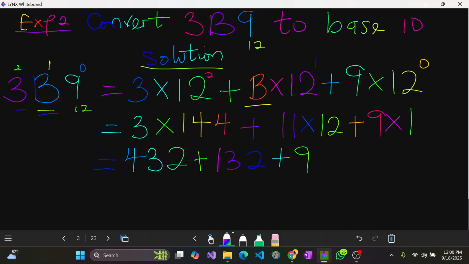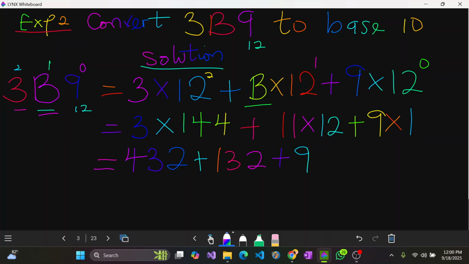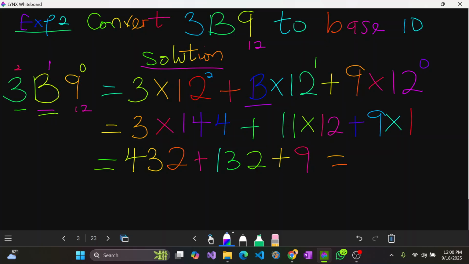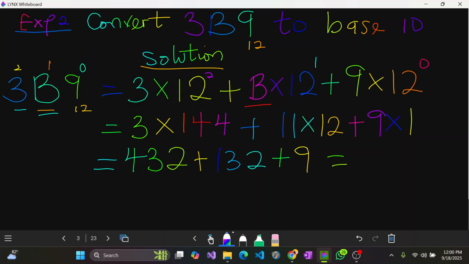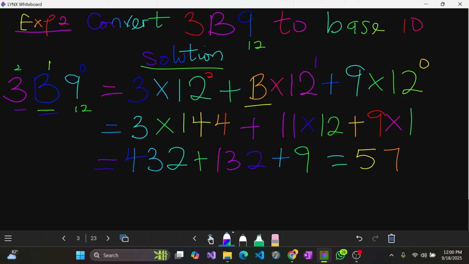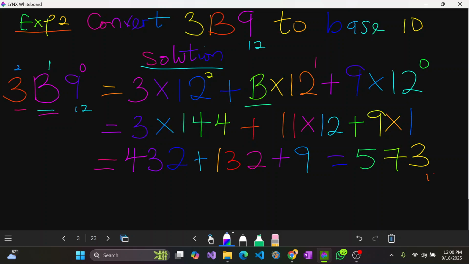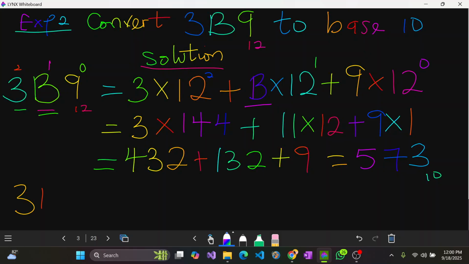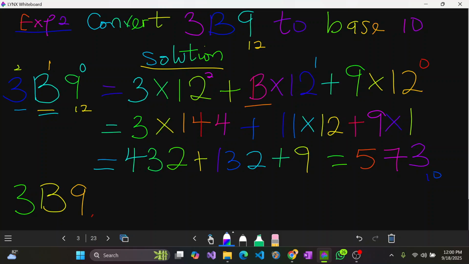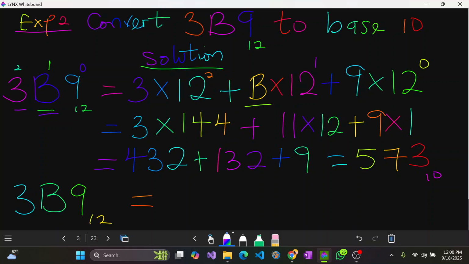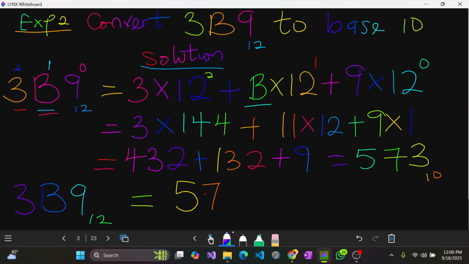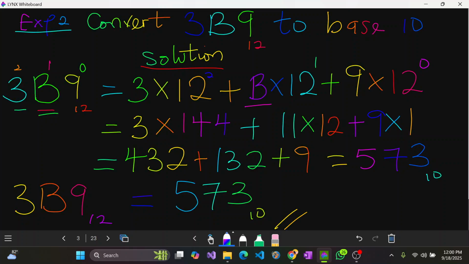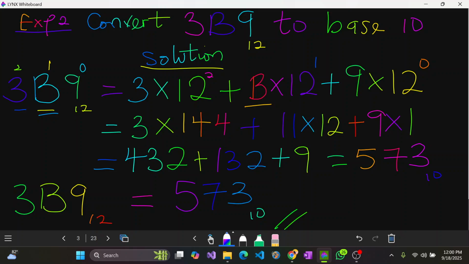And when you add these 3 numbers together, the final answer is 573 in base 10. So therefore, 3b9 in base 12 is 573 in base 10, and that is the final answer.